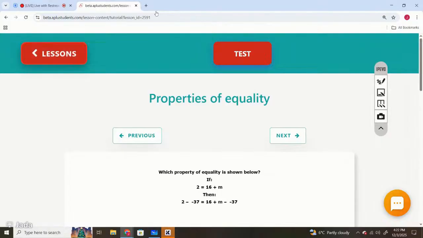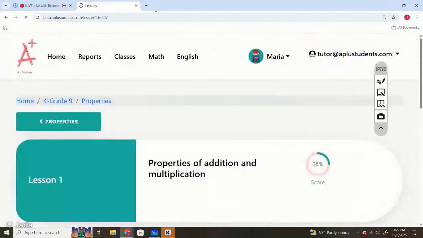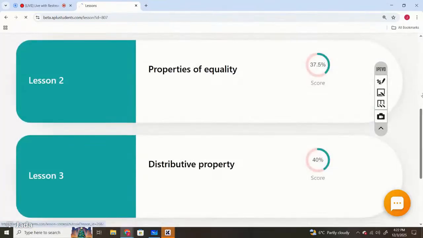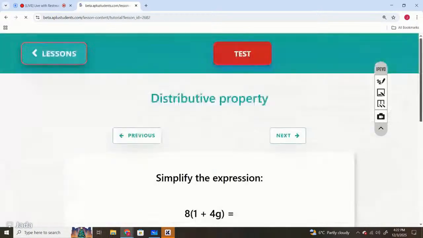The next lesson is the distributive property. Let's just start with the lesson.